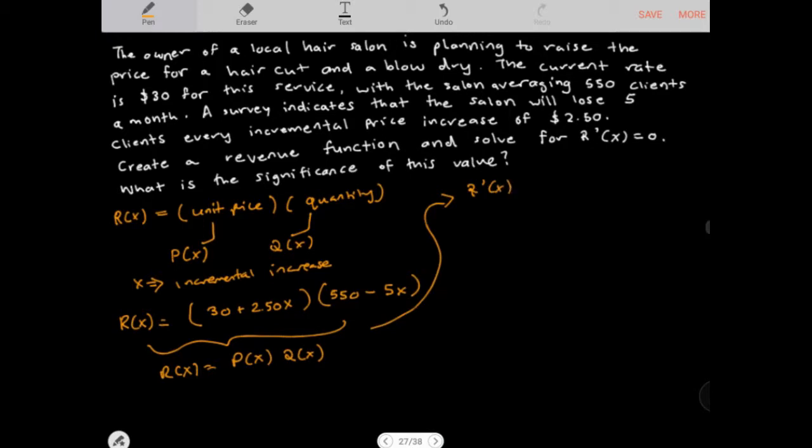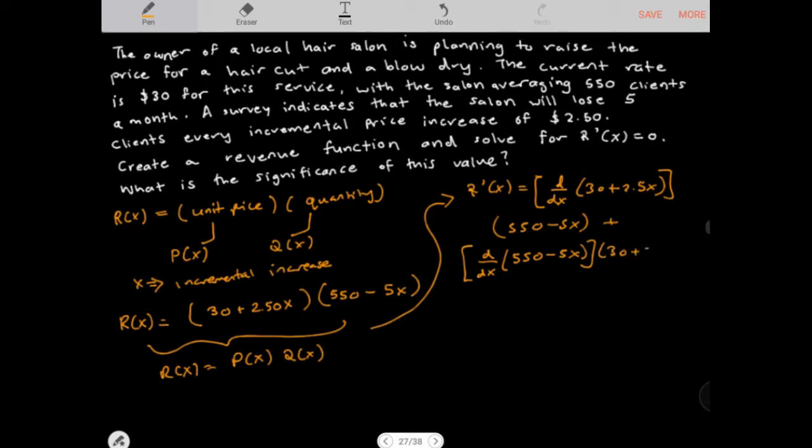So R prime of x, if we use the derivative, I'm going to be utilizing the product rule. So I'm going to do the derivative of the factor on the left, 30 plus 2.5x, times 550 minus 5x, plus the derivative of 550 minus 5x times 30 plus 2.5x.